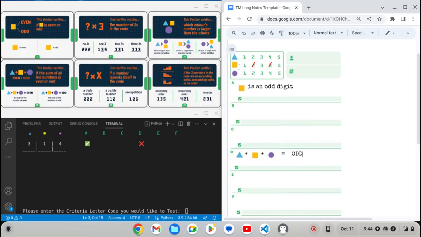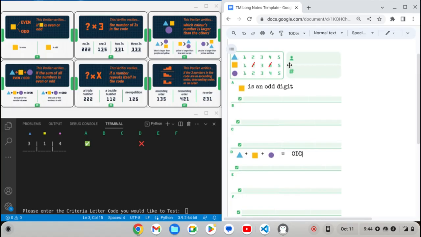And if we add this middle odd digit to that even quantity, we do get a sum total result of an odd quantity. So we're looking at either an even, odd, even solution or an all odd solution.